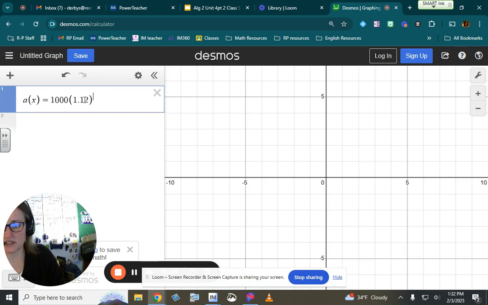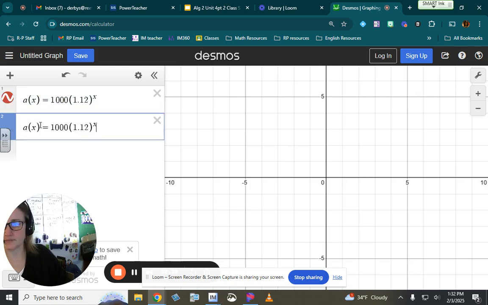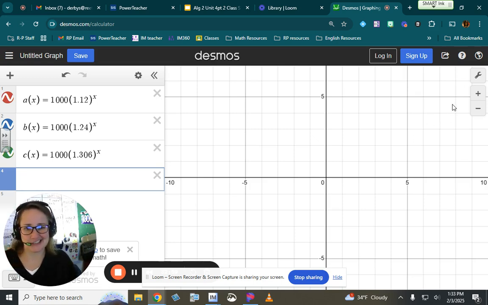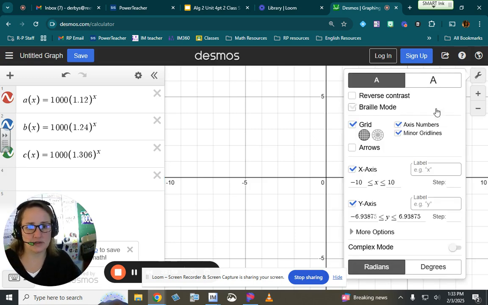I use Shift 6 to get up to an exponent for my X's. I'm just going to copy that. Loan B just changes this to 24. And loan C, copy and paste is all I'm doing. 306.